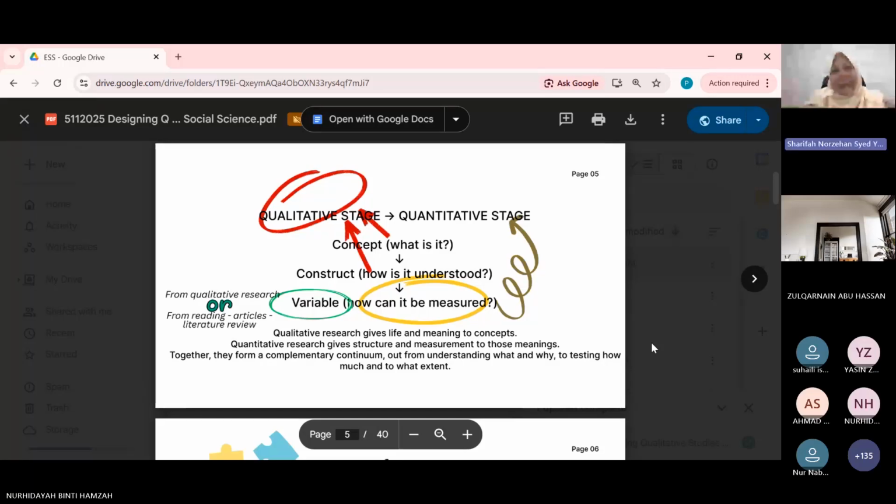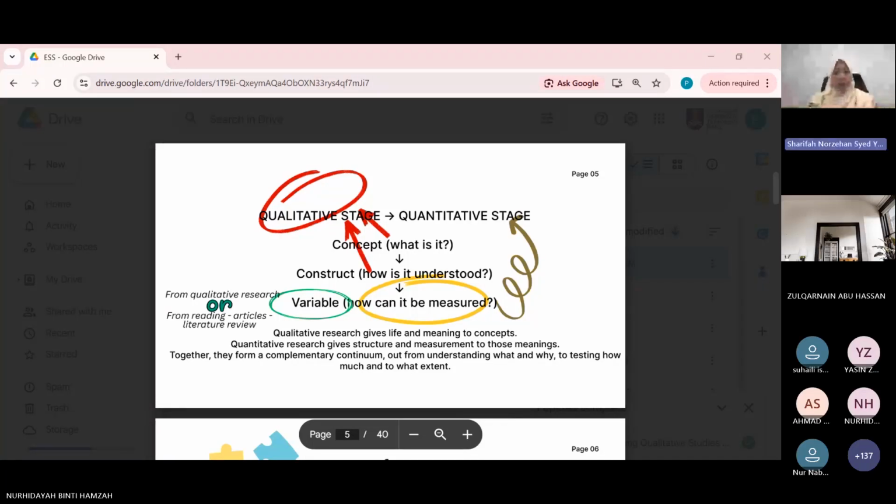Why do I put this into the picture? Usually, when you don't know much about the subject matter that you are researching on, and you don't have many variables, for example, and you feel that there are more things that you need to identify.